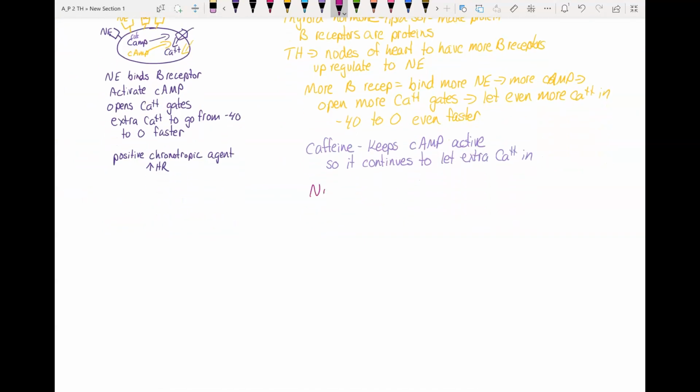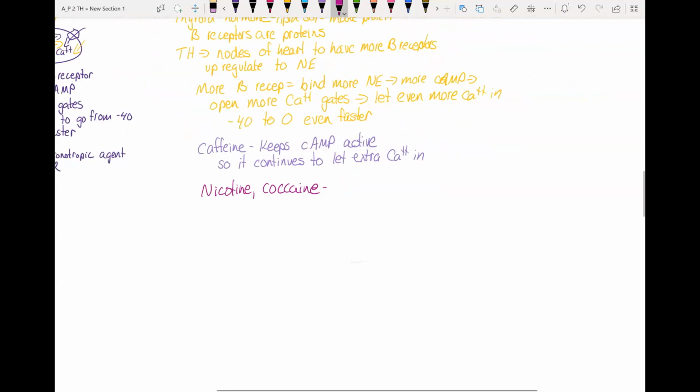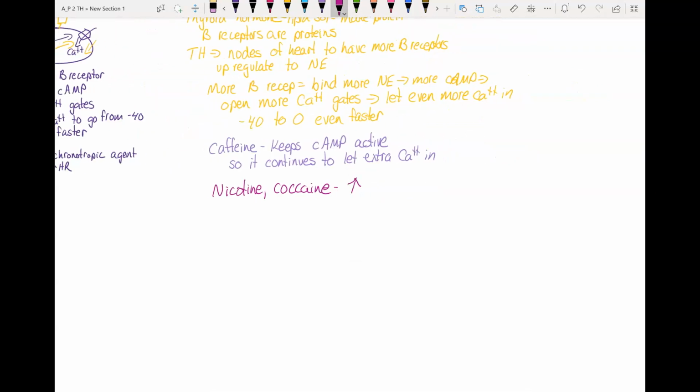We also have nicotine and cocaine. You may have heard that when people overdose on cocaine, they die of a heart attack because cocaine also makes your heart race. These two both have the effect of increasing your norepinephrine. So they either stimulate your neurons to secrete more norepinephrine, or they're blocking the reuptake of norepinephrine.